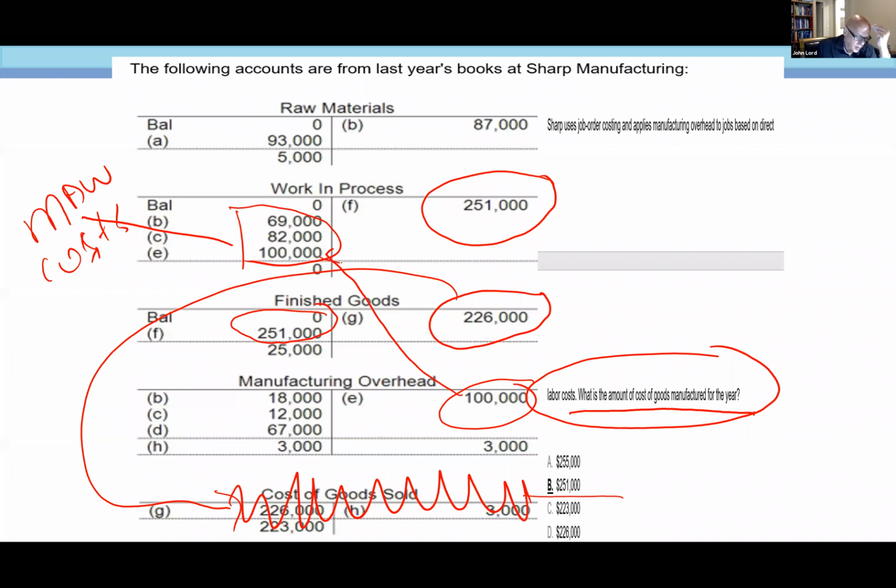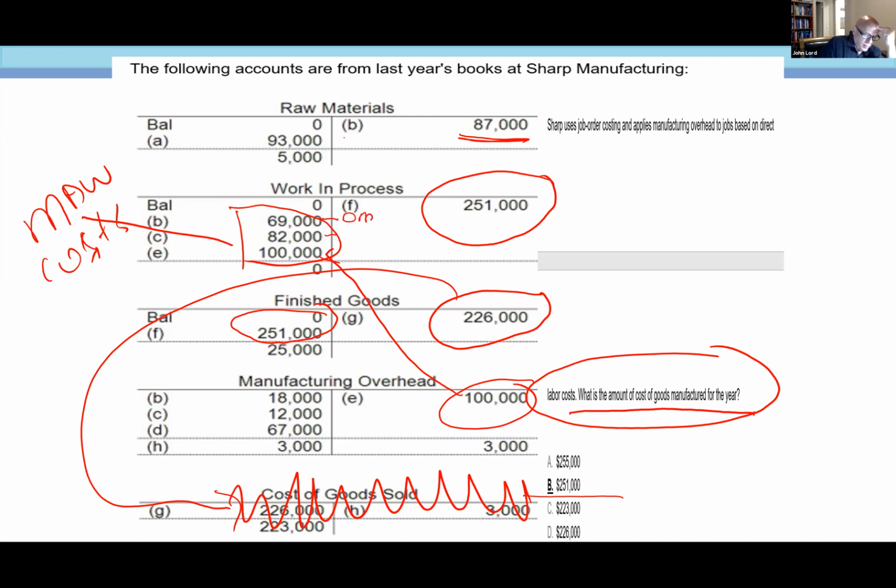Got that one. Let's see. I'm looking and they're not making it real clear here, but I'm thinking this has to be my direct materials because I know they took 87,000 out. Sorry guys, my bad, I wrote that in the wrong place here. There's my direct materials.